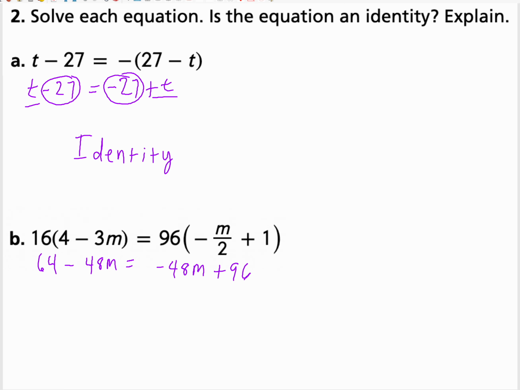So this one comes out to be, we've got a negative 48m on both sides. So our variable term is the same, but then our constant terms are different. We've got a 64 on the left and a 96 on the right. That means this is no solution. All right, we should be able to recognize those when we see them.